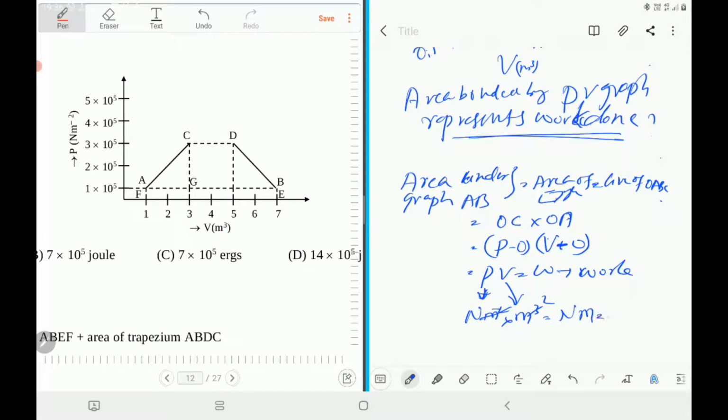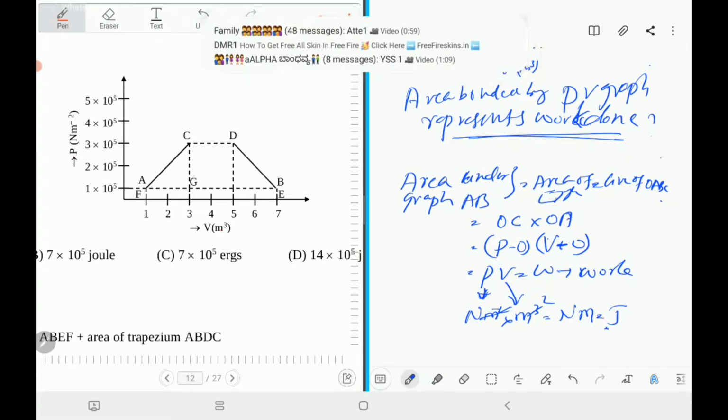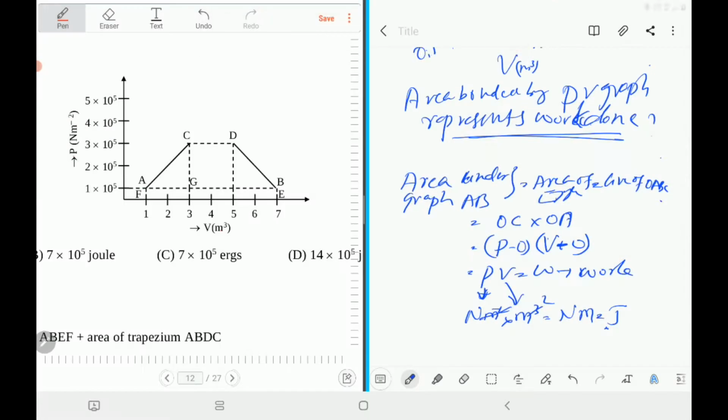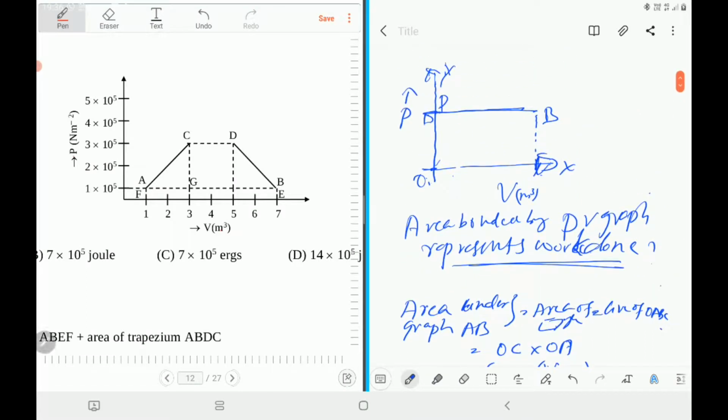What is Newton into meter? Joule, the unit of energy or work. That's why you remember, students, that the area bounded by the pressure volume graph is always the work done during that process, changing volume from 0 to V by changing pressure.